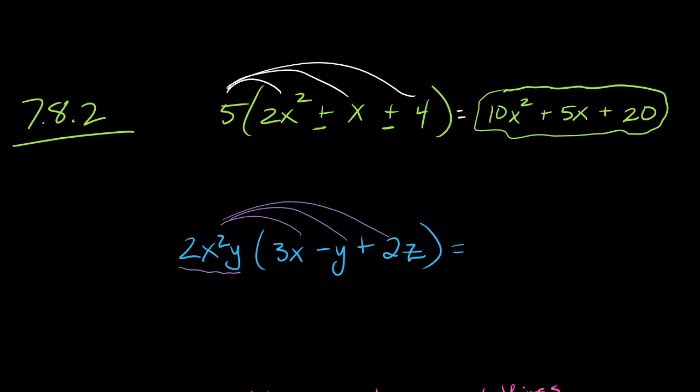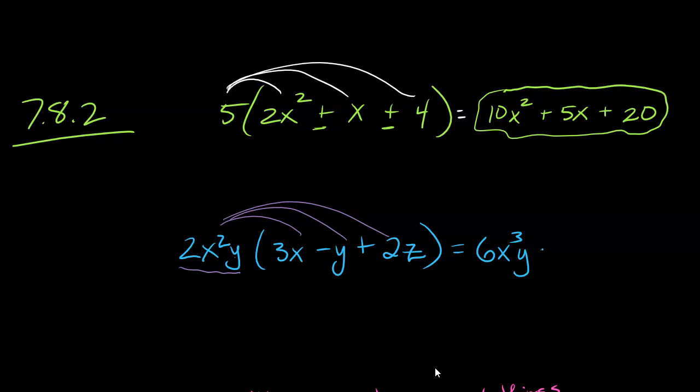So if I'm taking 2x squared y times 3x, the 2 times the 3 is what I would do first in my head, 6. Then I would approach x squared times x to the first, and get x cubed. And then I would take the y times other y's, but in this case there isn't another one, so it would just stay as is.